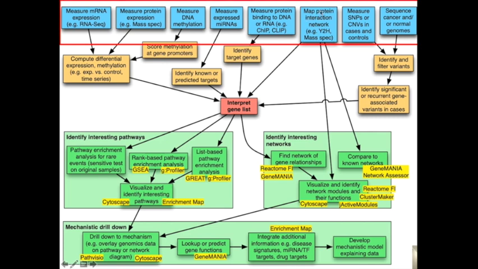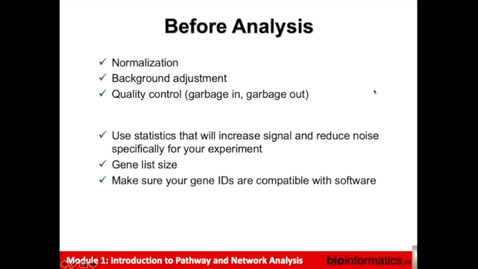Mapping protein interactions directly identifies a set of genes that interacts with the bait protein, for instance, and looking at mutations from whole genome sequencing or exome sequencing identifies a set of variants which can also be linked to genes through various different means. So before analysis, when we have data from any one of these methods, we need to be aware that we need to normalize, do a proper background adjustment and proper quality control to avoid giving too much noise to the pathway analysis methods.